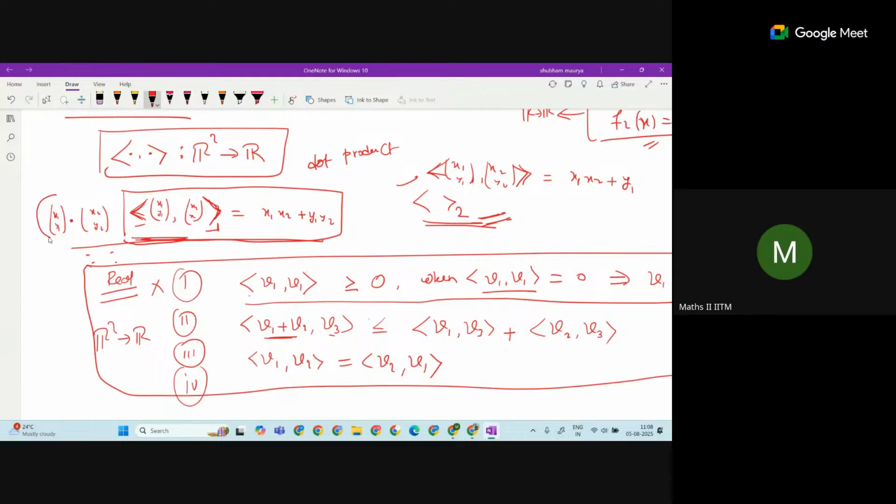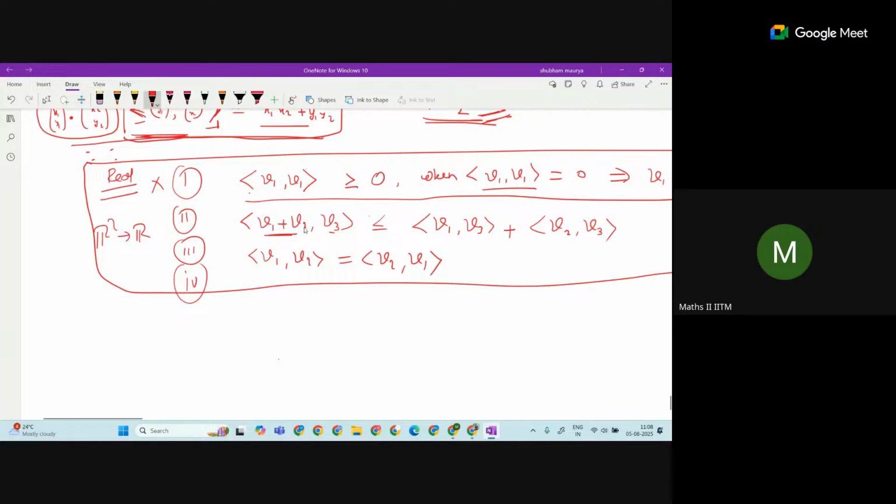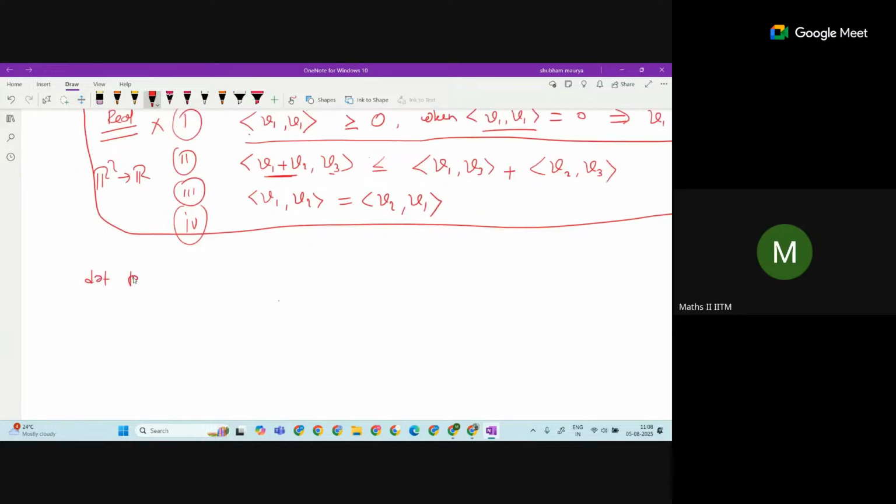So this angle bracket is replaced by this dot, and it is defined exactly like this. Let me write here the dot product. The dot product is again a function from R2 to R, defined like x1, y1 dot x2, y2, which is nothing but x1 x2 plus y1 y2.